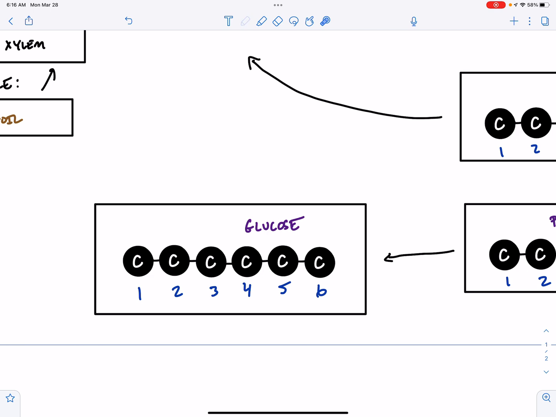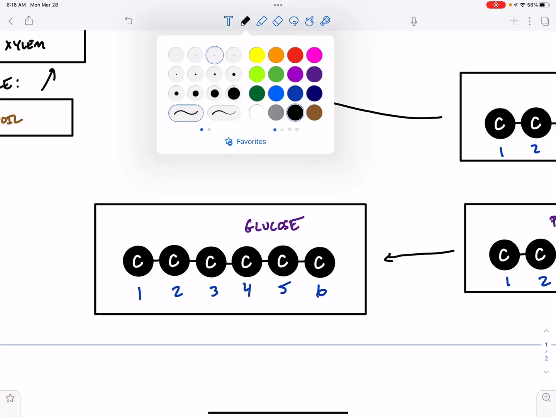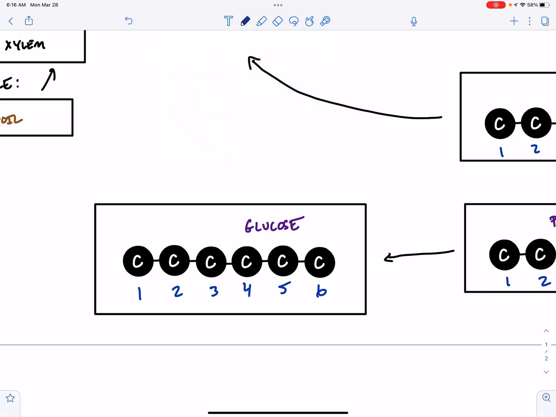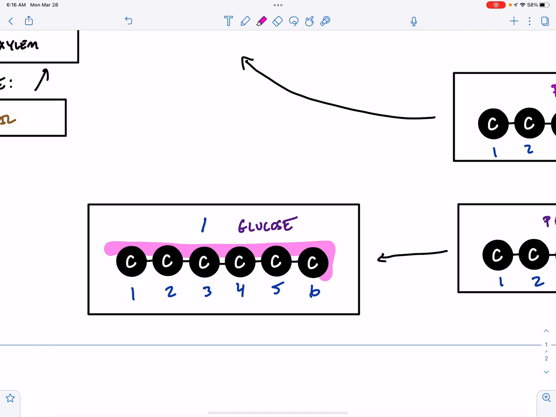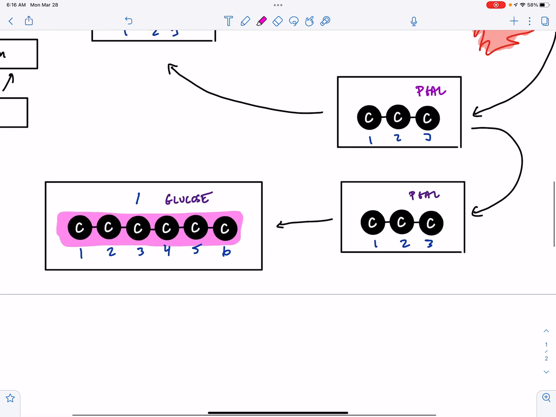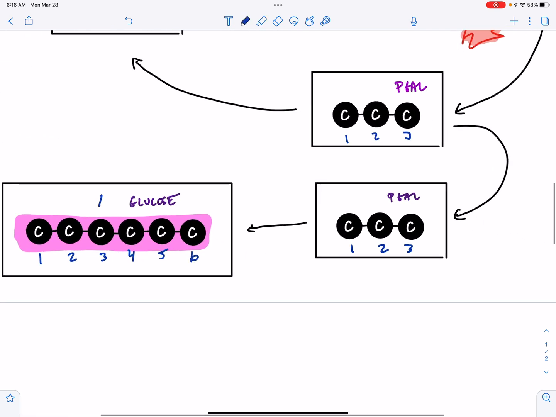It is a 6-carbon compound. Glucose is a high energy molecule, so I'm going to style it in pink here. In order to make 1 glucose, we need to use 2 PGALs. PGAL is also a high energy molecule, so it gets colored in pink.